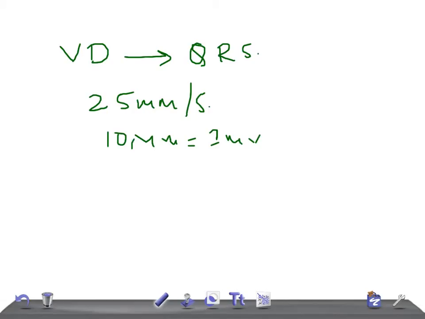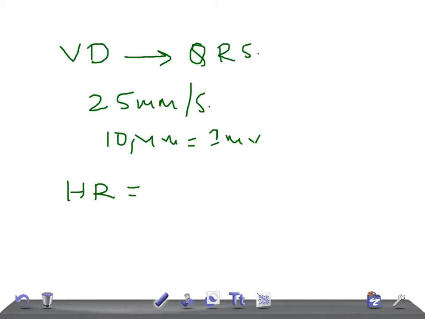and these are the two standard calibrations for a standard EKG reading, right, guys? Now let's talk about how to calculate the heart rate based on QRS complexes. To calculate the heart rate, you have to count the number of large squares between two QRS complexes. You can take it from R to R interval, R wave to R wave.